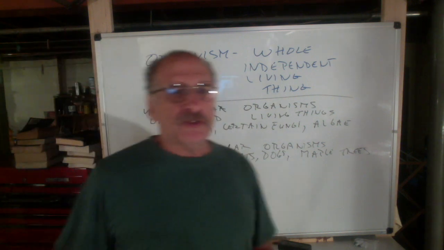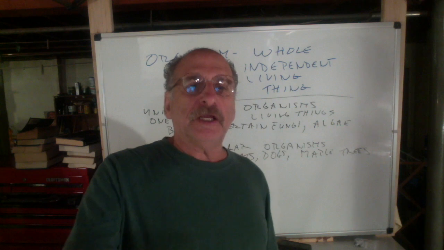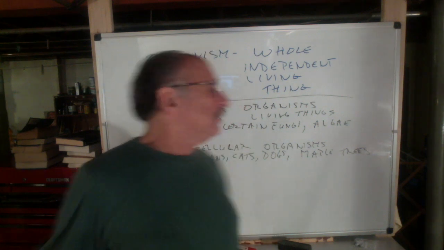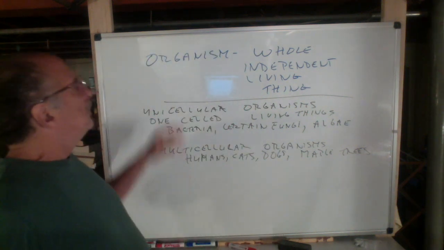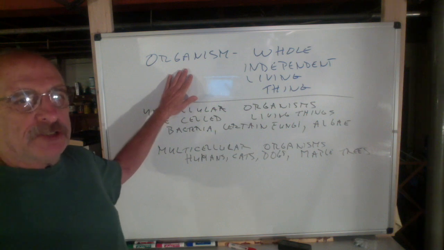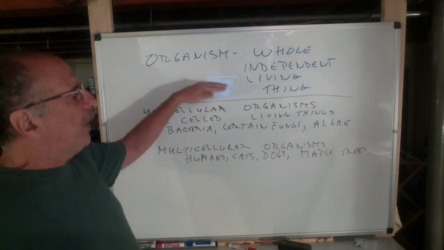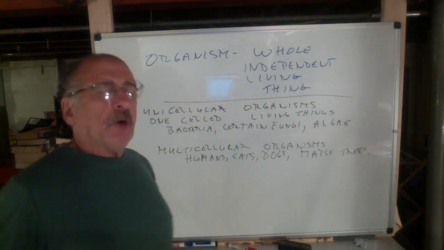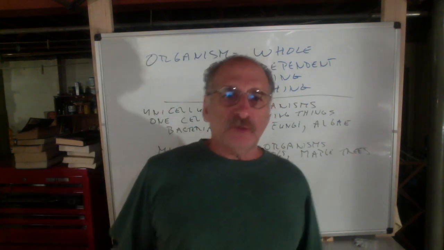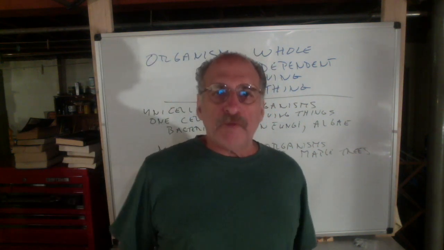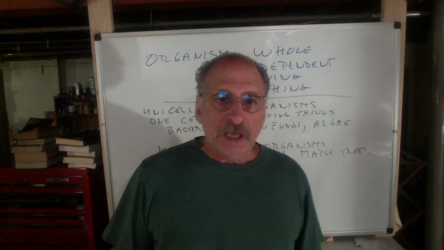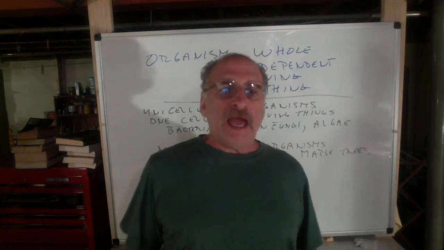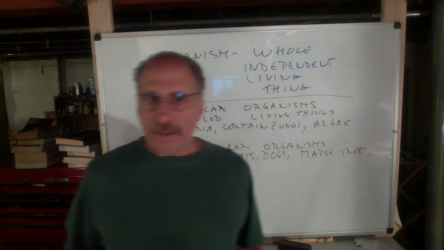Now, just for the sake of testing your understanding, I say, and it's true, the definition for organism is an independent living thing. But what if the definition were a group of organ systems that work together? If that were the definition, it isn't.